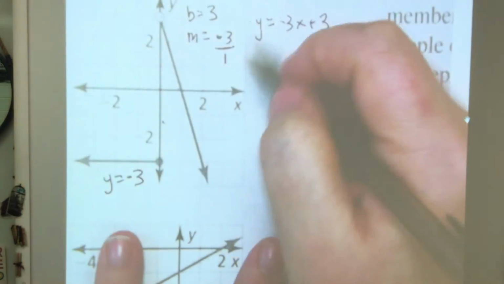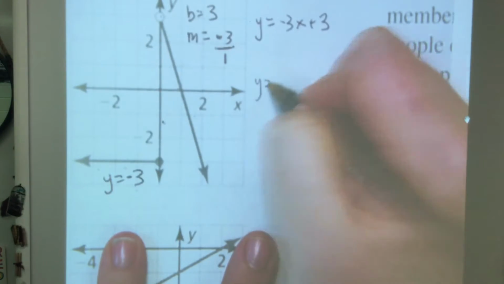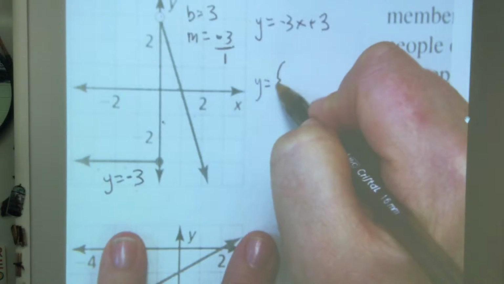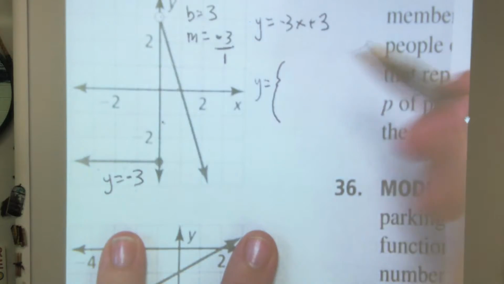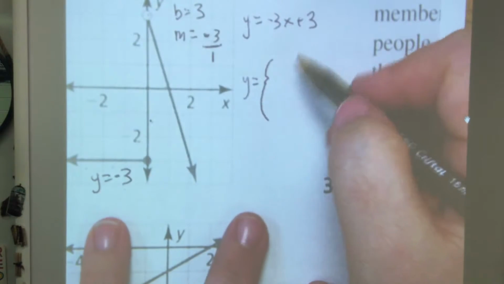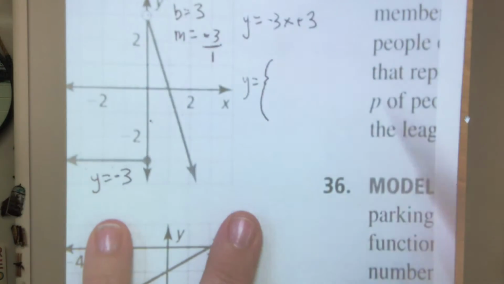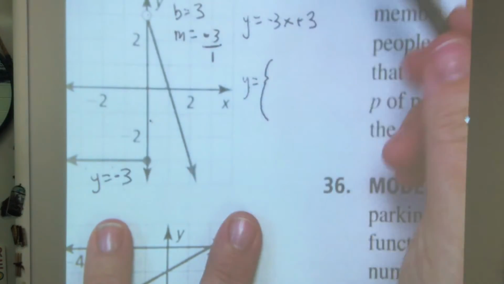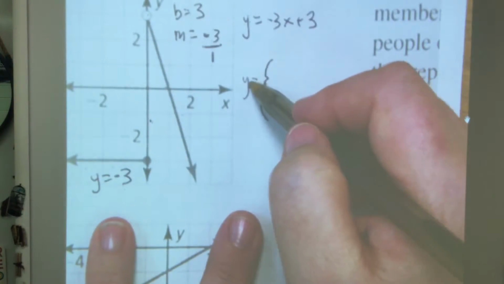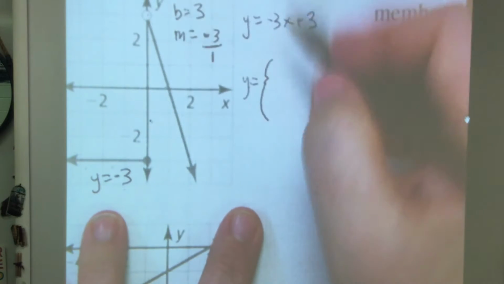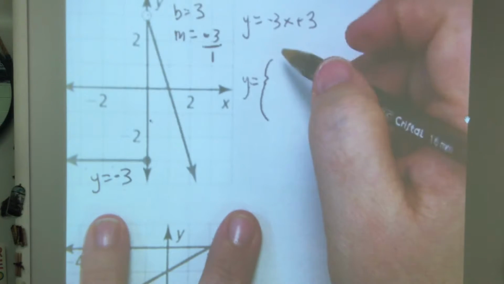And then for my piecewise equation, I'll just stick with what the book's doing, just to show you. If you put f of x or y, I'm not going to count it wrong, but just make sure you understand that if you have a standardized test, they might want f of x. If you see f of x, that it's the same thing. No, technically it's not.